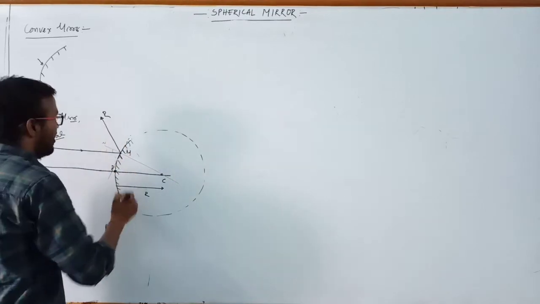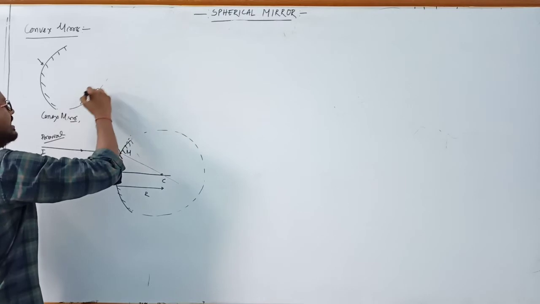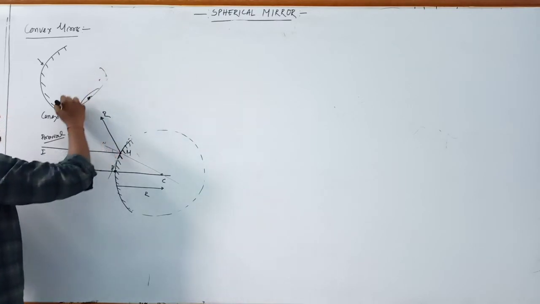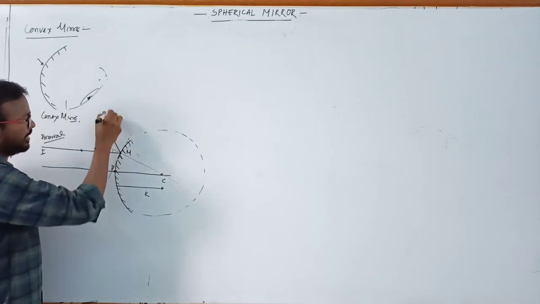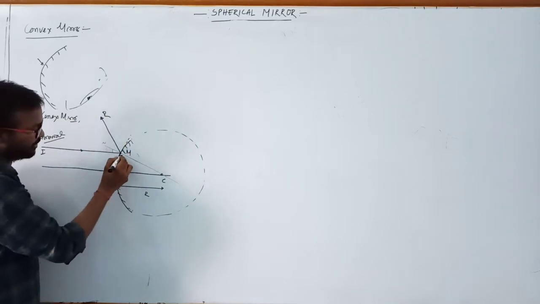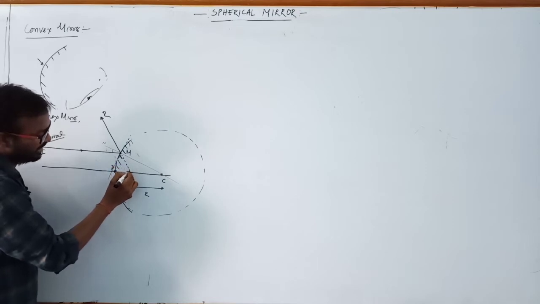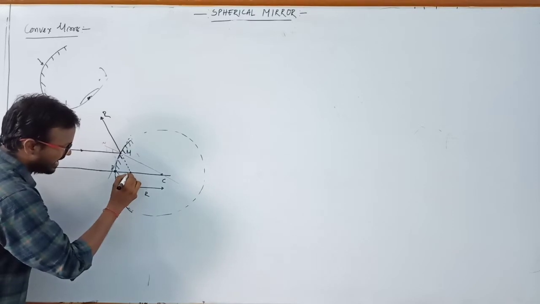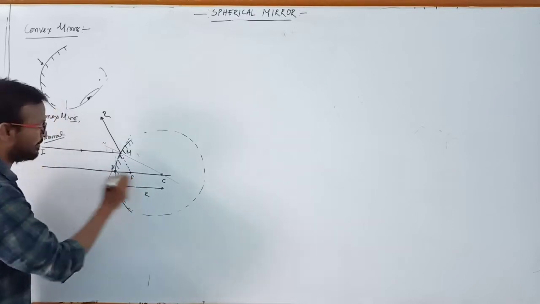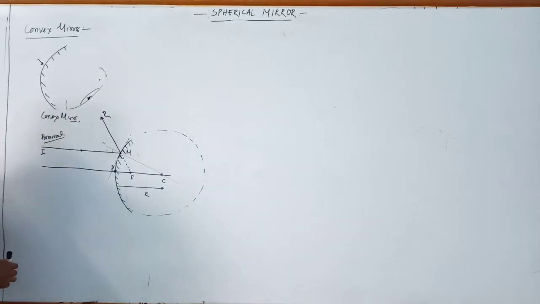If we observe from this side, it looks like the reflected ray is coming from this point. If we produce the reflected ray backward, it meets at point F on the principal axis, and that point is known as the focus point. Clear?